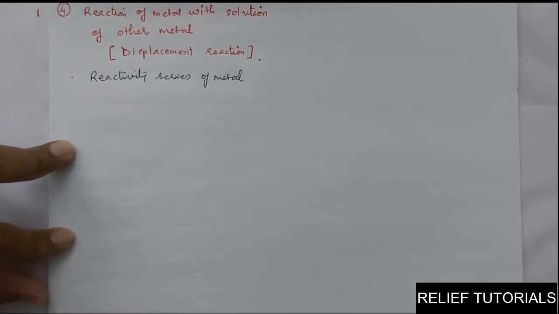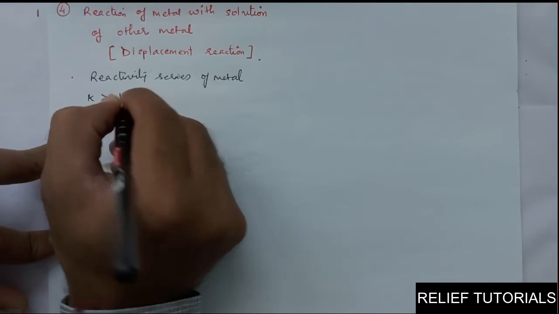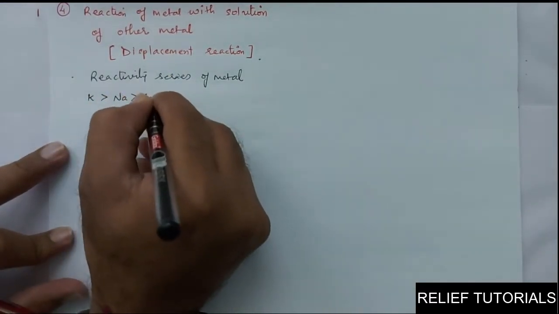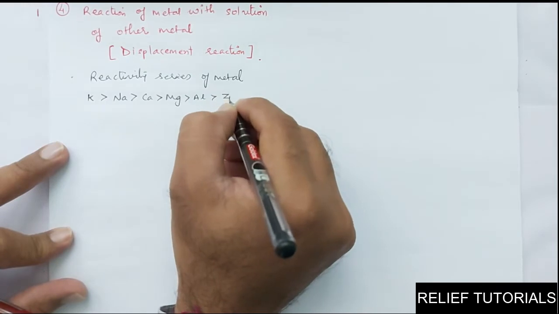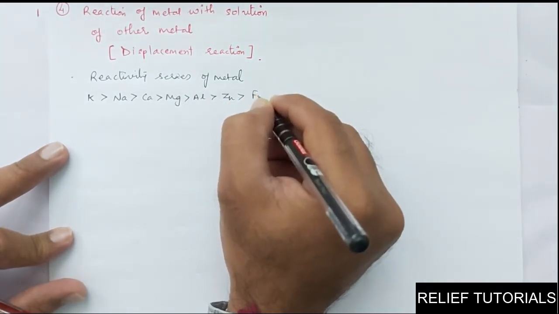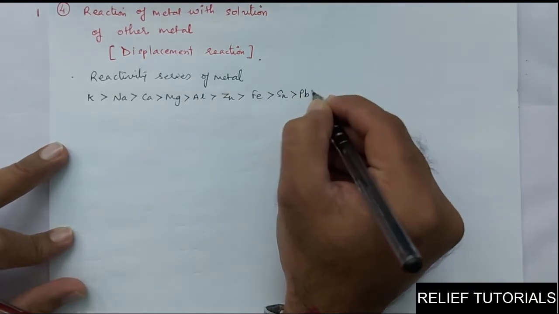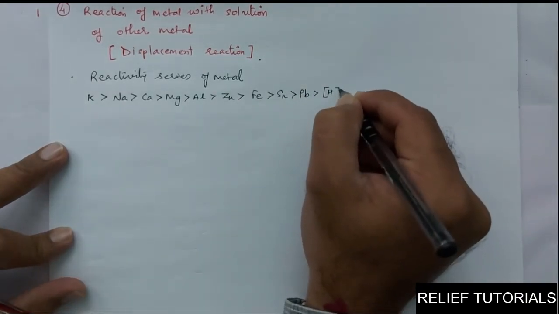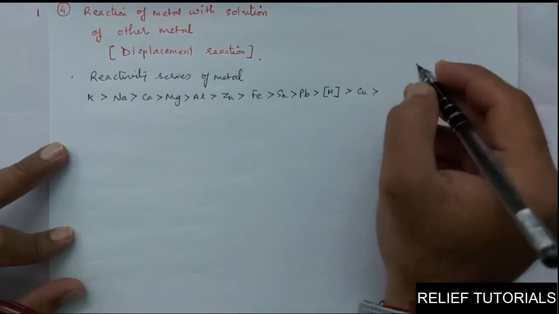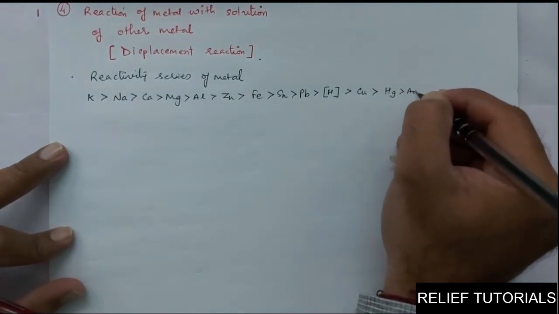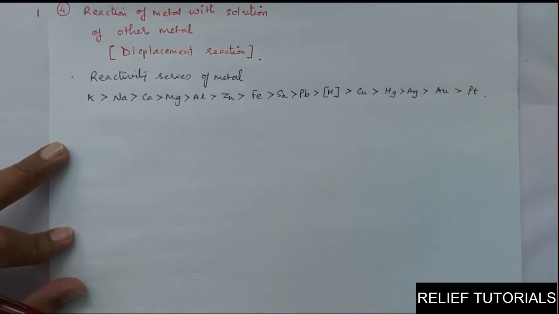For that we have a series starting from potassium, the highest reactive metal, then sodium, then calcium, magnesium, aluminium, zinc, iron, tin, lead, then nascent hydrogen, means single atom of hydrogen, copper, mercury, silver, gold and platinum.